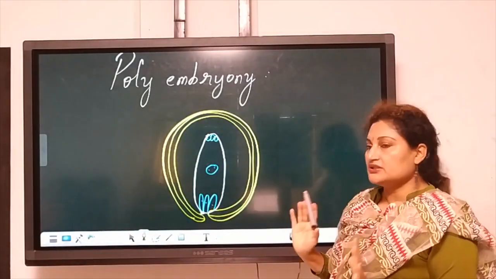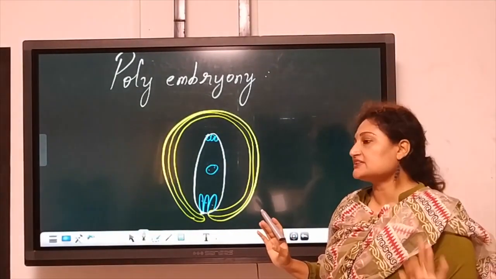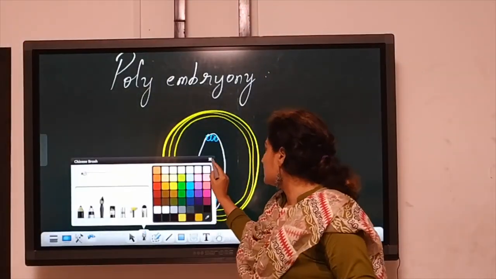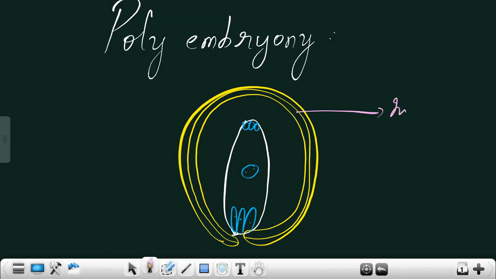Now all we need to concentrate on in polyembryony is just 3 regions. The 3 regions are integument, embryo sac, and the most important region between the embryo sac and the integument.